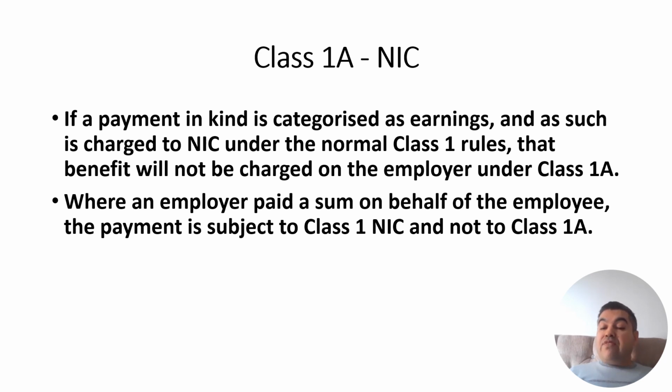However, if the benefit turns out to be earnings, in this case, both employee NI and employer NI will apply. So where an employer pays a sum on behalf of an employee, the payment is subject to class 1 NIC, or there's some kind of arrangement where HMRC sees this as not a benefit. This in fact is wages you're paying to that employee in another form.